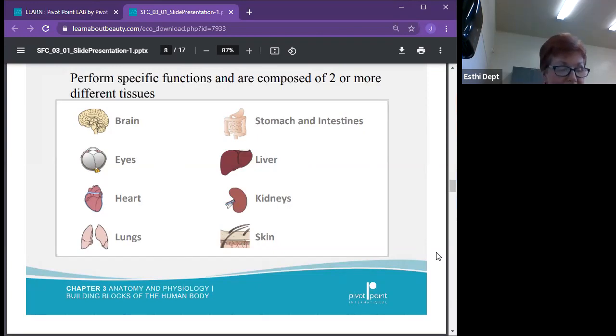Your stomach and intestines digest food. Your liver removes toxic products of digestion.